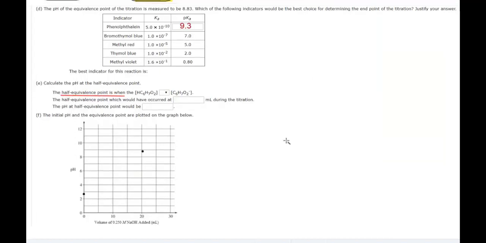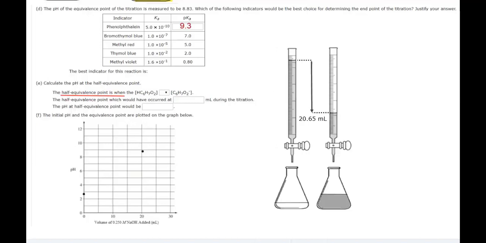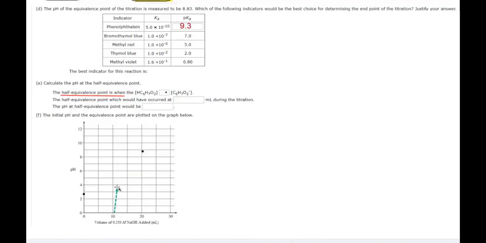Half equivalence. The titration took 20.65 mLs. So we know the half titration point is going to be half of that, in the area of 10. So somewhere around here, we're going to have the half equivalence point. But what's going to be the pH?